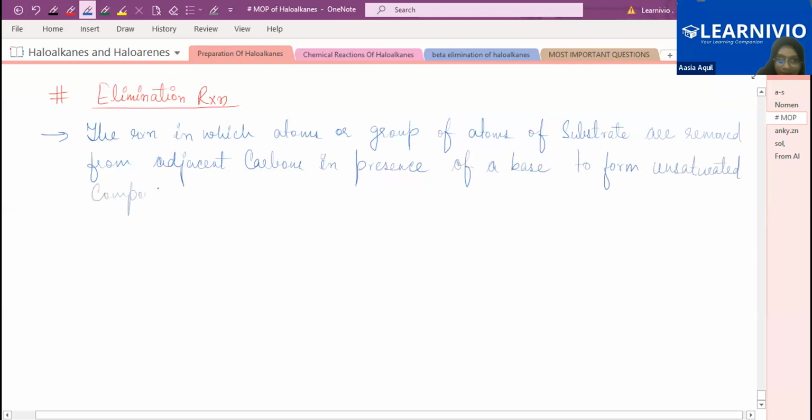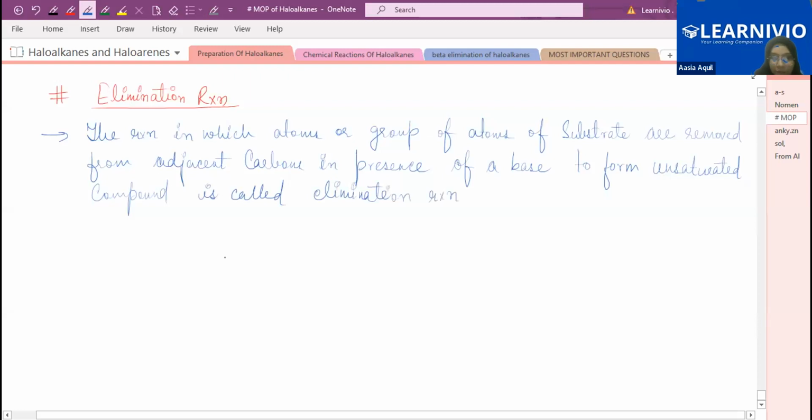Whenever we use the word unsaturated, it means it could be double bonded or triple bonded, alkene or alkyne group. So unsaturation वहाँ पे आ जाएगा, either double bond or triple bond. So the compound is called elimination reaction. Eliminate कर रहे हो आप, just elimination.